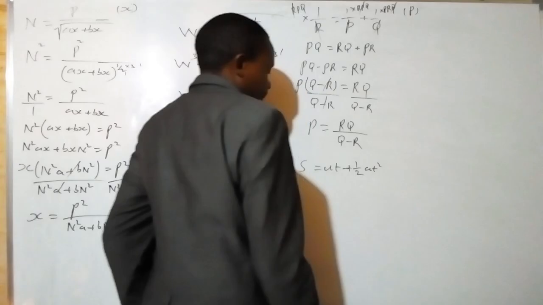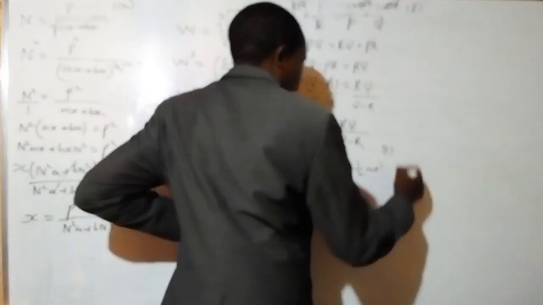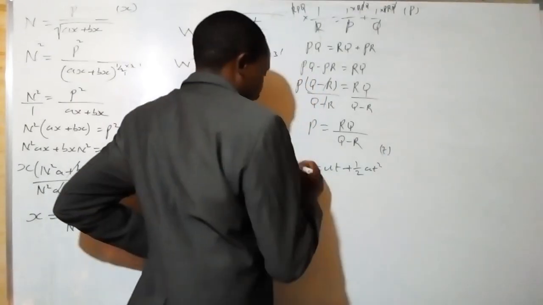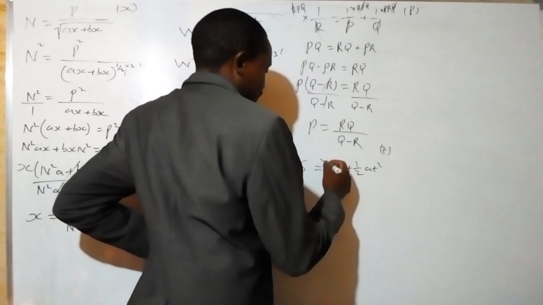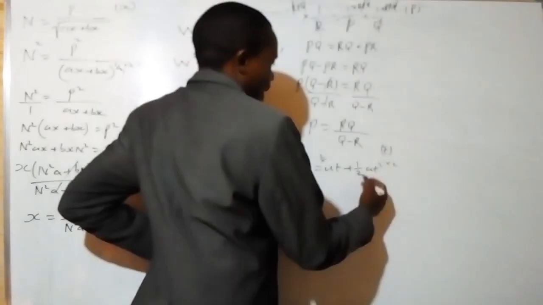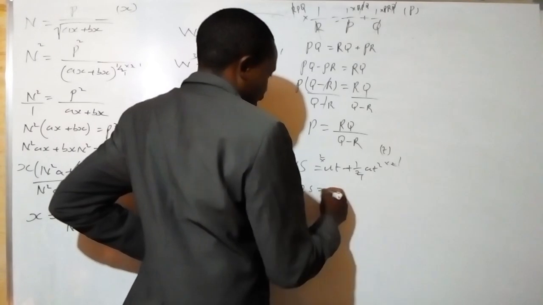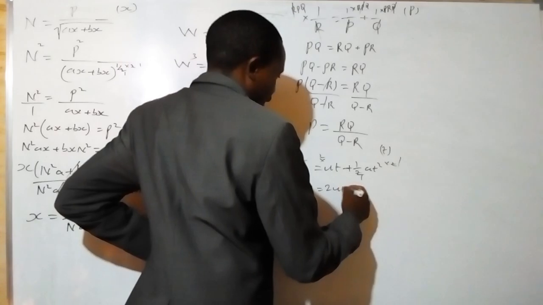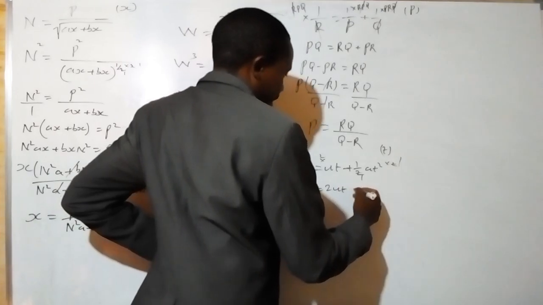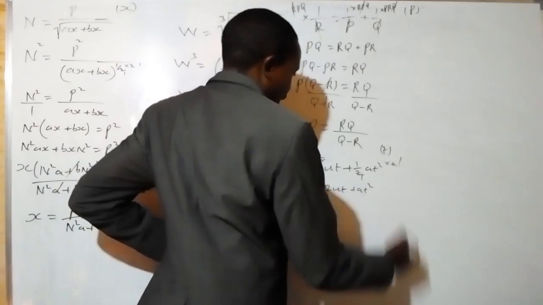You can multiply throughout by 2, so that we are going to have 2s is equal to 2ut plus at squared.